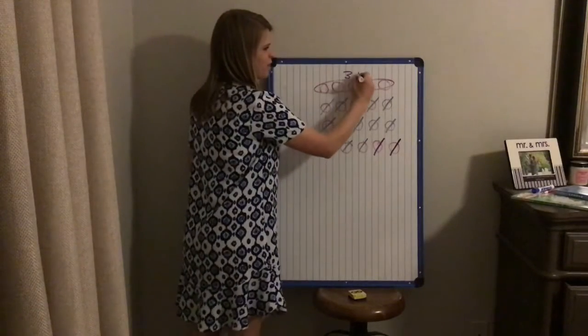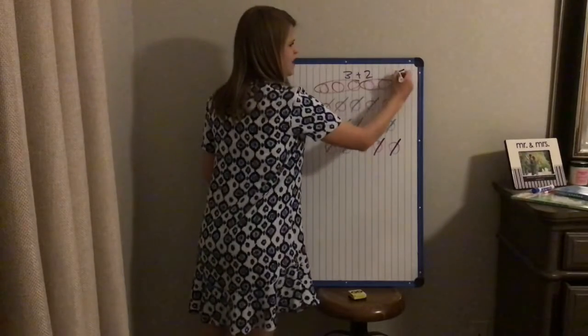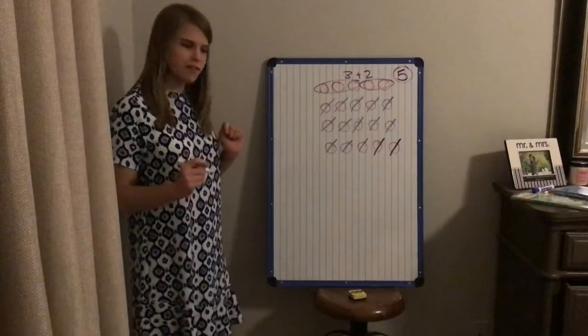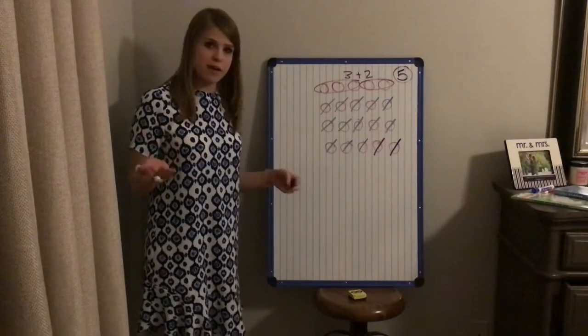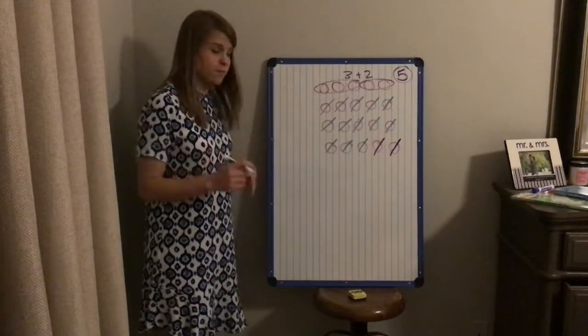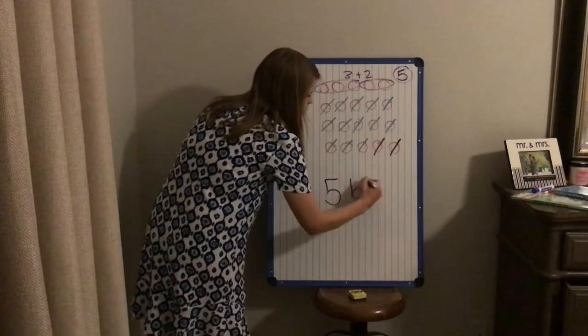And I know that 3 and 2 makes 5. So I can see 5 birds are left. So if 5 birds are left, they need to order food for how many birds? Yep, they only need to order food for 5 birds.